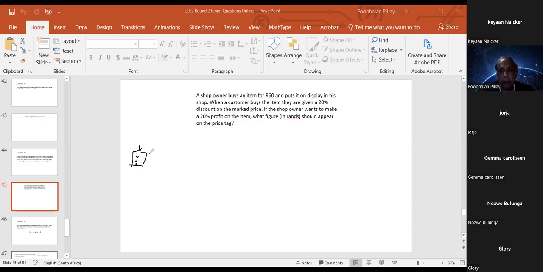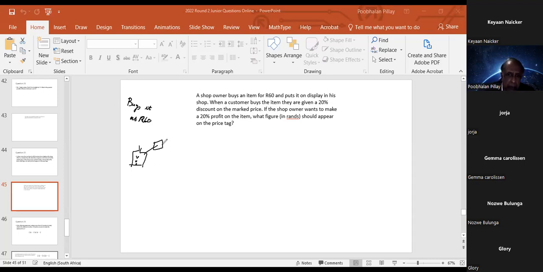He puts it on display and puts a tag on this thing. He buys it at 60 rands. Now, when the customer buys the item, they are given a 20% discount on the marked price.